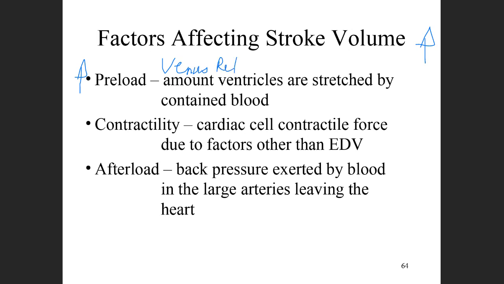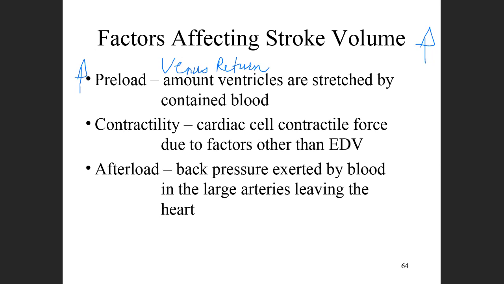All right, so what this means is that, if you recall, skeletal muscle is subject to the length-tension relationship, which depends on the sarcomere. If the sarcomere is too short, it's not going to contract very well. If the sarcomere is too long, it's not going to contract very well.